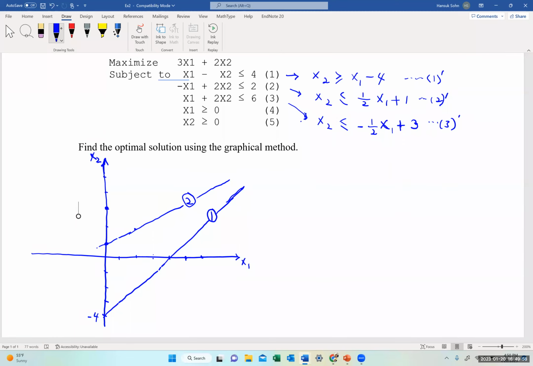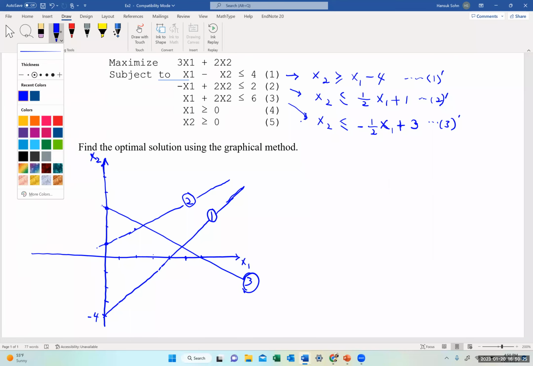So we're going to cross this, right? So this is going to be constraint number 3. And our feasible region should be where? I'm going to change the color. So our feasible region should be this area.